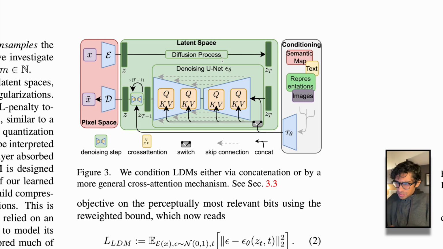So in the latent space, that is the Z vector, I think it should be a vector. You can post your answer in the comments. Then we diffuse that vector Z, go to Z_T, that is at the end of the diffusion time steps.